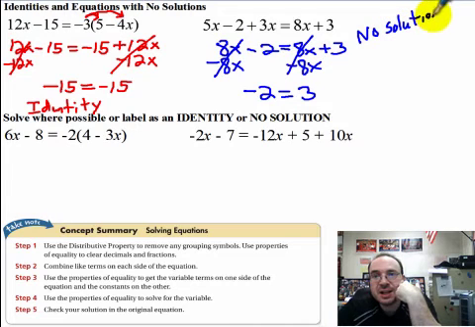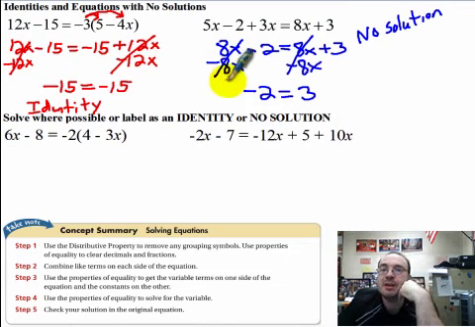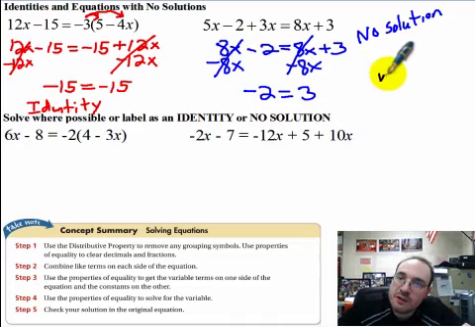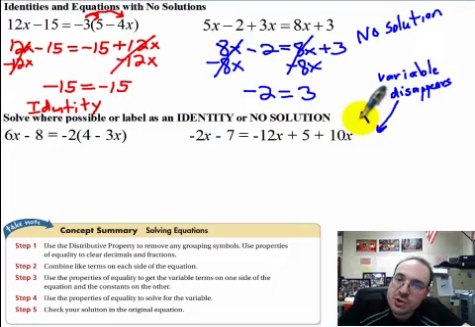So basically, you're either going to have an identity or an equation with no solution anytime the variable disappears. If your variable disappears and you know you did everything right, if you get a true statement, you have an identity.